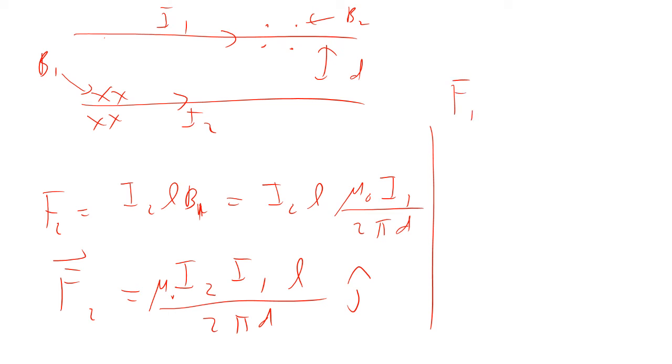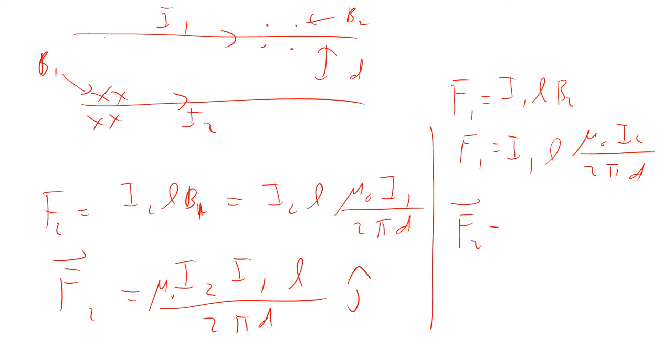The force on wire 1 is going to be I1 times L times B2, which equals I1 times L times mu naught I2 over 2 pi d. So that force is mu naught I1 I2 L over 2 pi d, except it's going that way, so that's negative j.